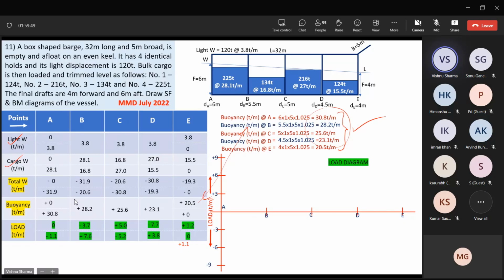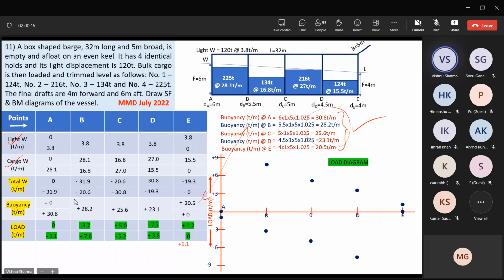Then I plot these values 0 and minus 1.1 and minus 3.7 then plus 7.6 then plus 0.5 then minus 5.2, 7.7, 1.2, sorry 3.8, 1.2 and 0. Then from 0, I connected to minus 1.1.